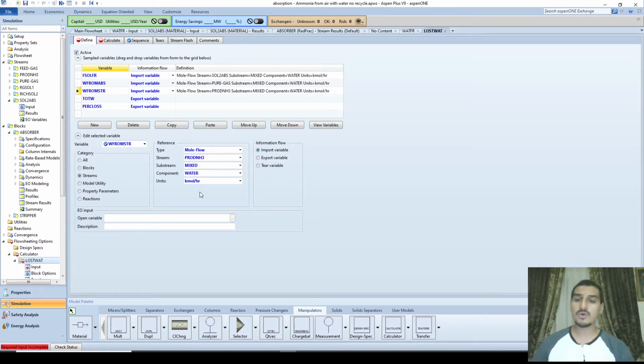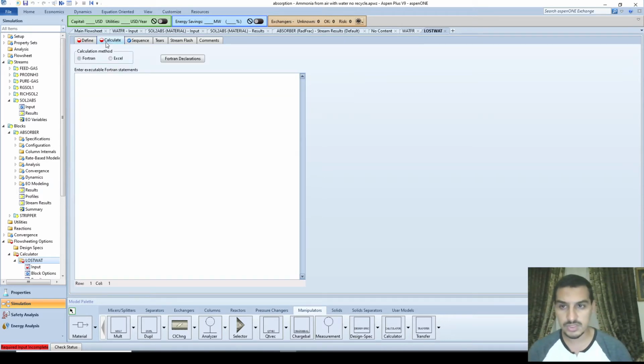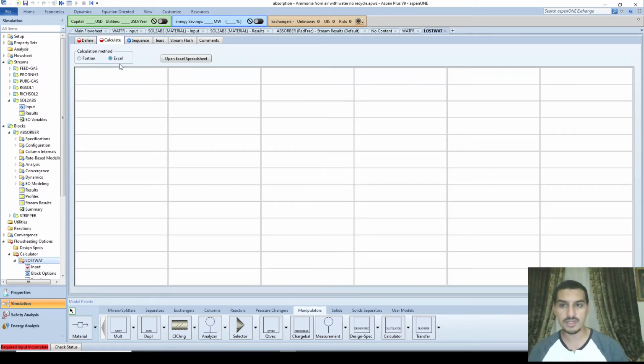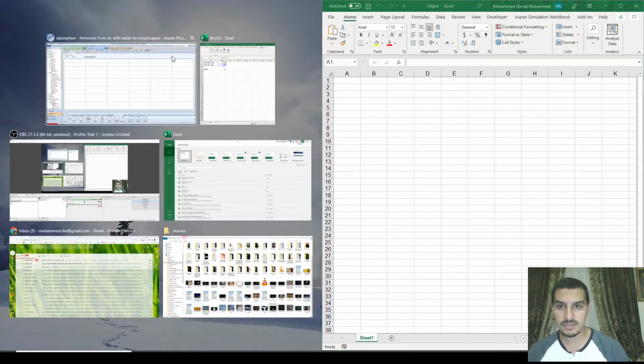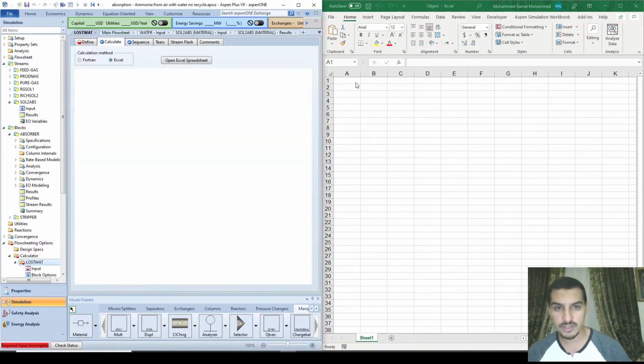So now I'm almost done with defining all the inputs, and this is going to be kind of challenging now, and I'm going to keep it for just a few minutes until I get the calculations done. I'm going to go to Excel because it's easier for me, and I believe for all the users. So we're going to go here, and again we'll make it side by side, and I have now how many variables.